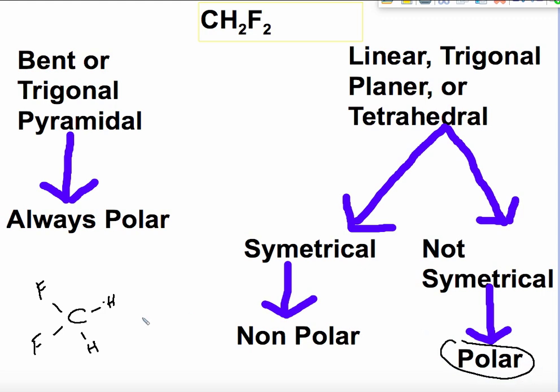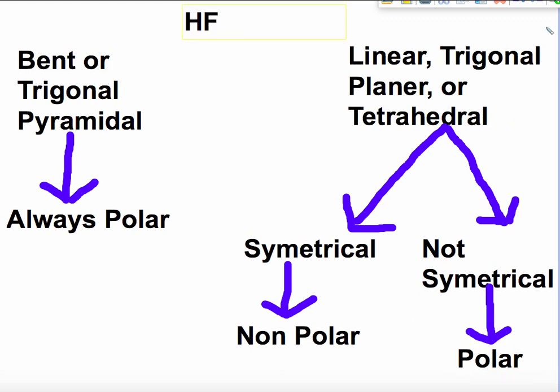And so therefore, it's going to be a polar molecule. Now with tetrahedrals, it's very simple to tell if they're polar or not. Let's look at the example on the previous page, and that was CH4. If all 4 things are the same, nonpolar. If all 4 things are not the same, polar. That's the easy way to tell it apart.